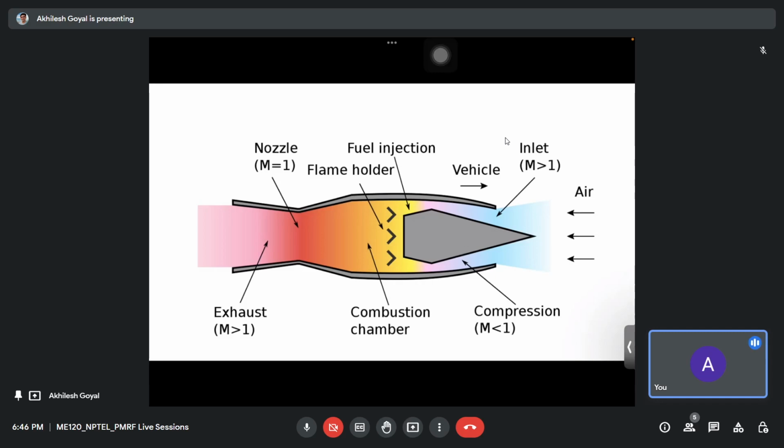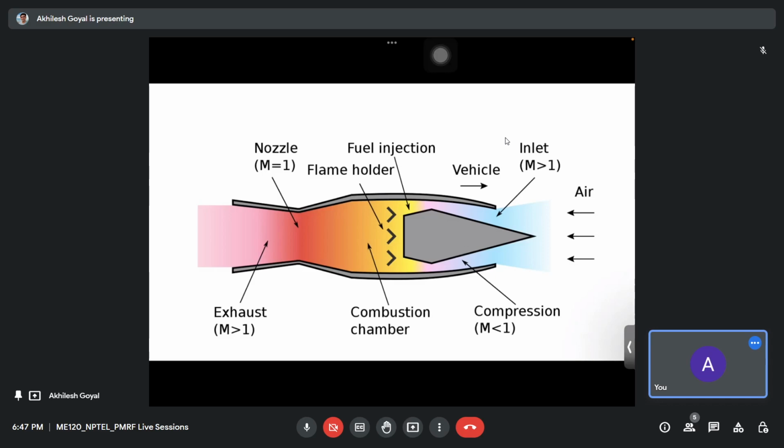As we discussed already, any aircraft that is using ramjet engines needs some other auxiliary arrangement as well, that will push the aircraft until it gets a velocity where the ramming effect can be used.